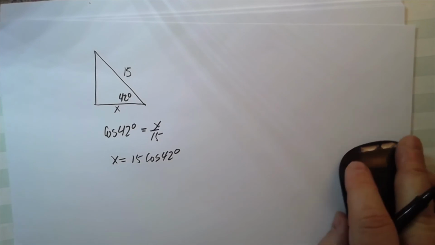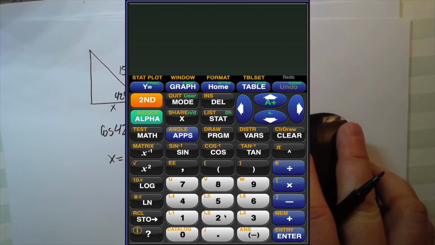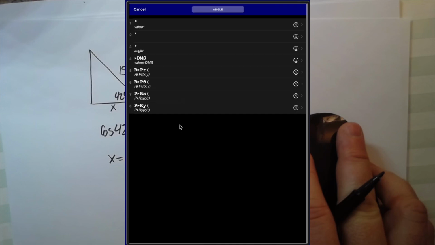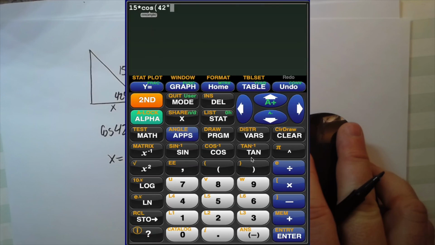Now we just have to plug this in the calculator. 15 times cosine of 42 degrees. We get 11.147 feet.